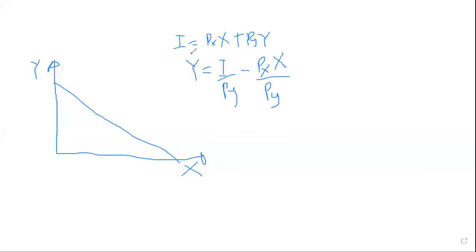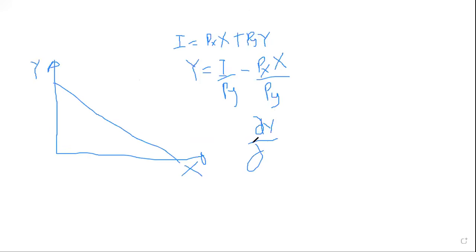So if this is the equation, then mathematically we can use the concept of differentiation, or derivatives, to derive the slope of this line. In terms of derivative, we have dy/dx.